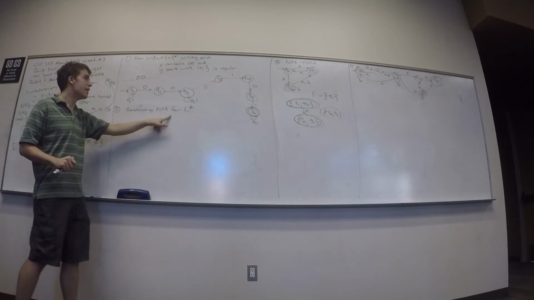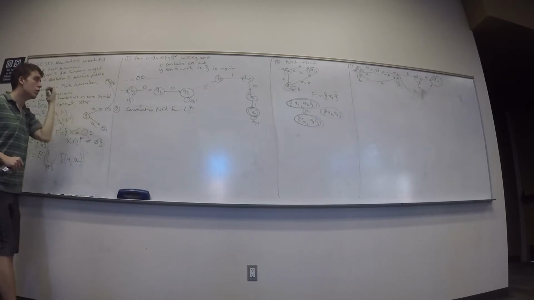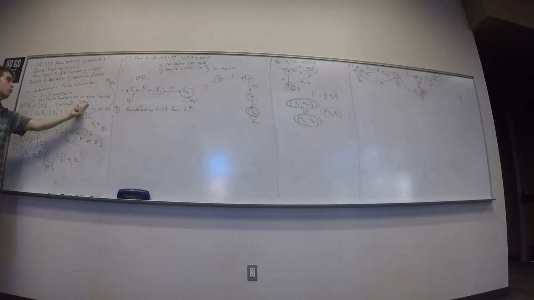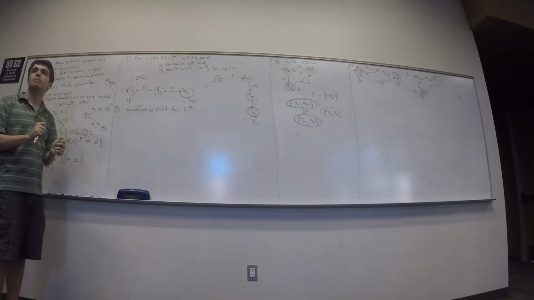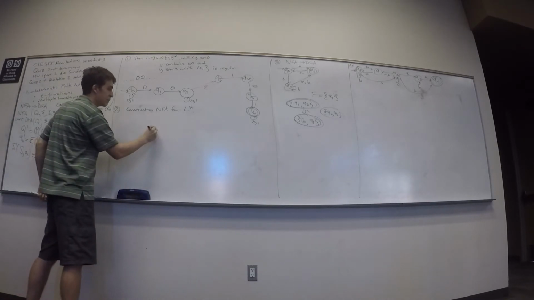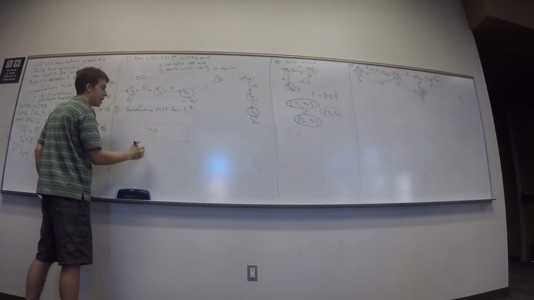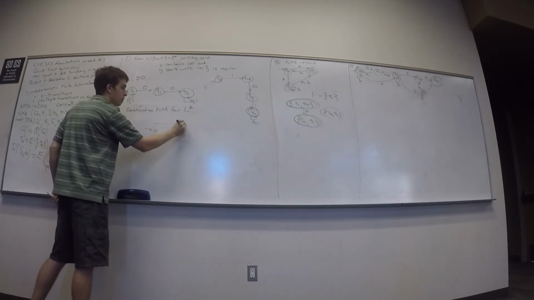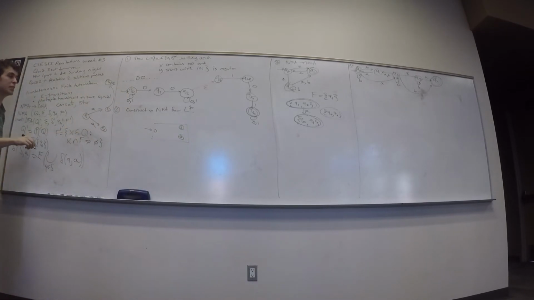It says construct an NFA for L star where L was the language up there. And we said that regular languages are closed under star, so I better be able to do this. So how do I do this? Well, let's look at a general case, because it seems easier. So let's say I have some DFA right here. And let's just say it has two final states.